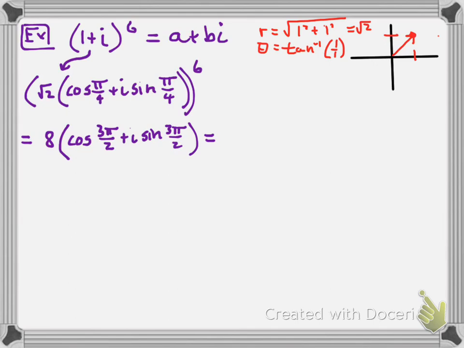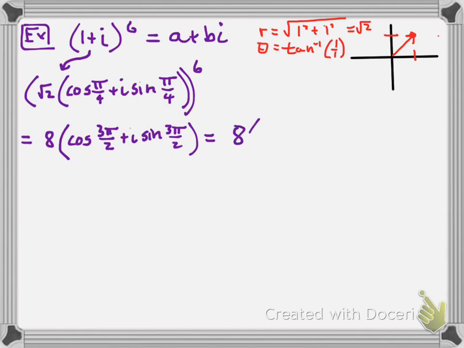Let's put this in a plus bi form, standard form, or rectangular form we call it. The cosine of 3 pi over 2 is 0. Right? From your unit circle, cosine of 3 pi over 2 is 0.